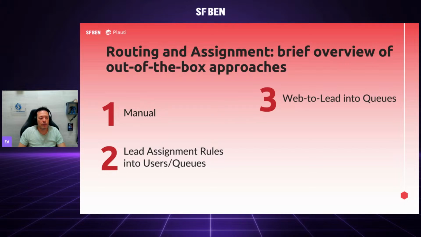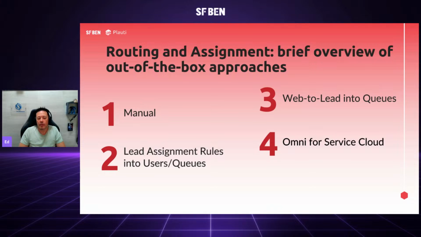Now, when those first three solutions start to not provide the functionality that they need, then often let's talk about Omni first. So Omni for Service Cloud, that's a fairly advanced part of out-of-the-box Salesforce functionality, which is really designed for Service Cloud and for case management.